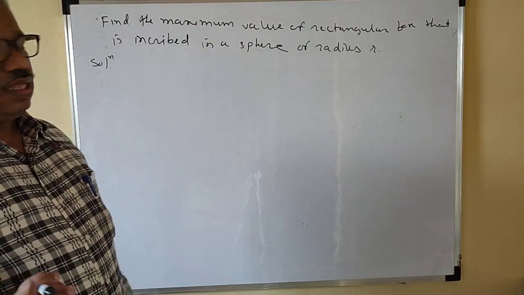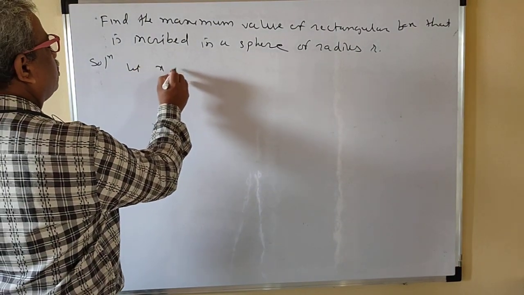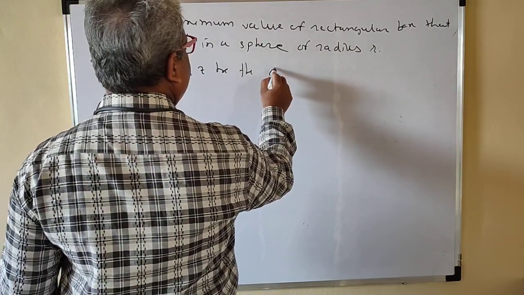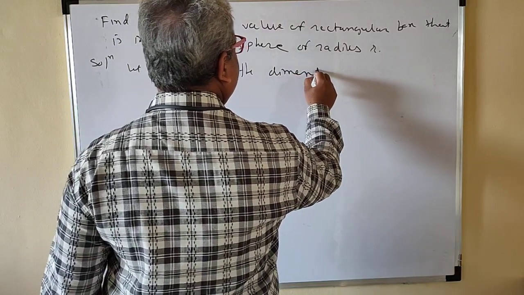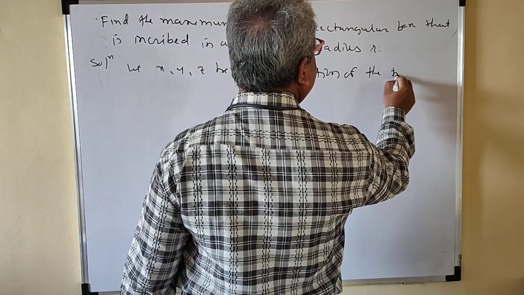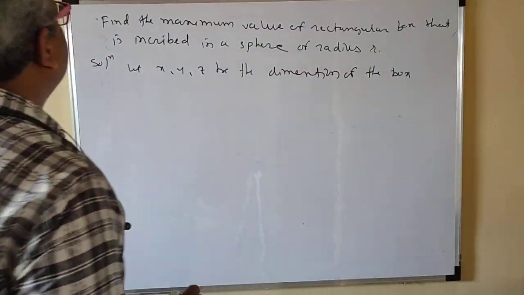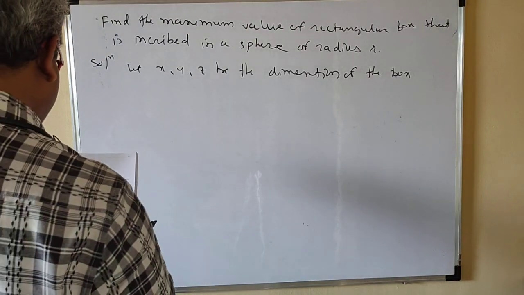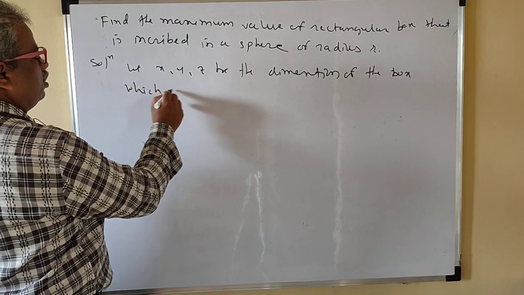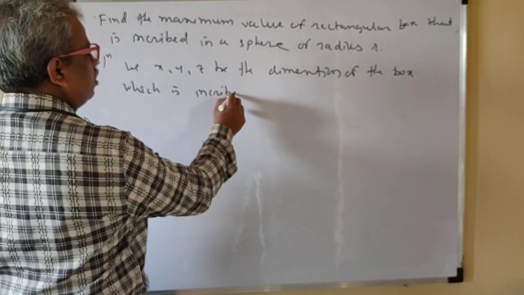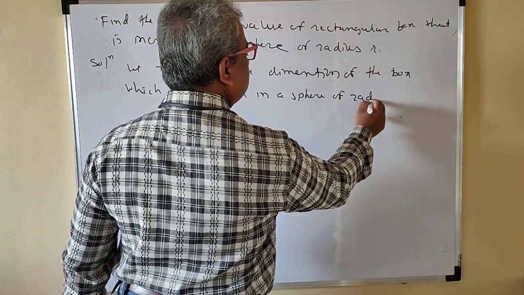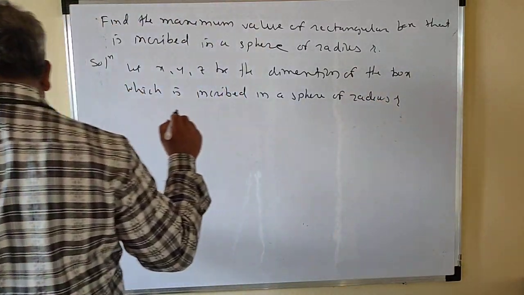Let x, y, z be the dimensions of the box, which is inscribed in a sphere of radius r.